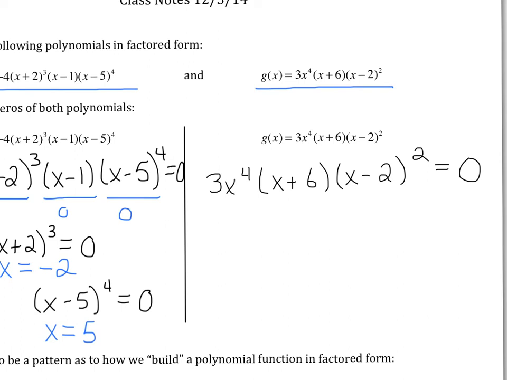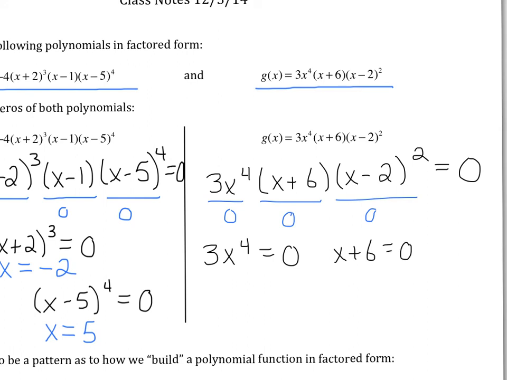And again, if this times this equals 0, well, one of these has to be 0. So we can set each little guy equal to 0 and solve. There we go, equals 0, squeeze that in.